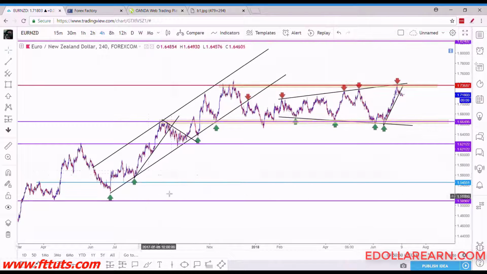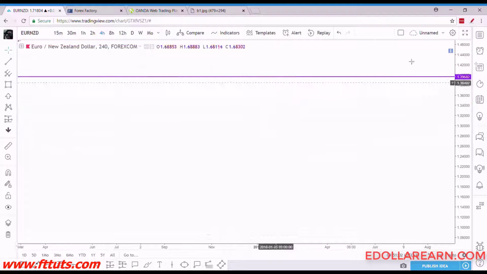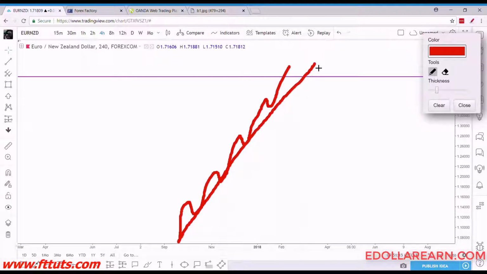And also remember that the more touches a trend line has, the more power it has. Just like support and resistance, it's the same. And also the steeper the trend line. So for instance, if the price has been going like this, right? So that's a really bullish trend, and you can draw a trend line like that.